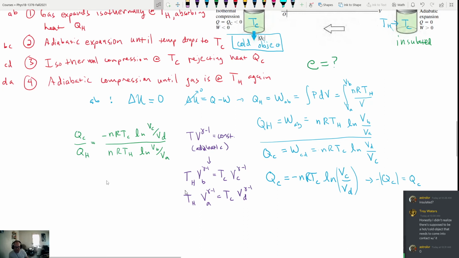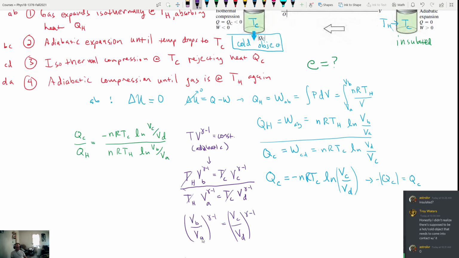So we're just going to take these two equations and divide them like this. Our temperatures are going to cancel. And then we have VB over VA raised to the gamma minus 1 is equal to VC over VD raised to the gamma minus 1.